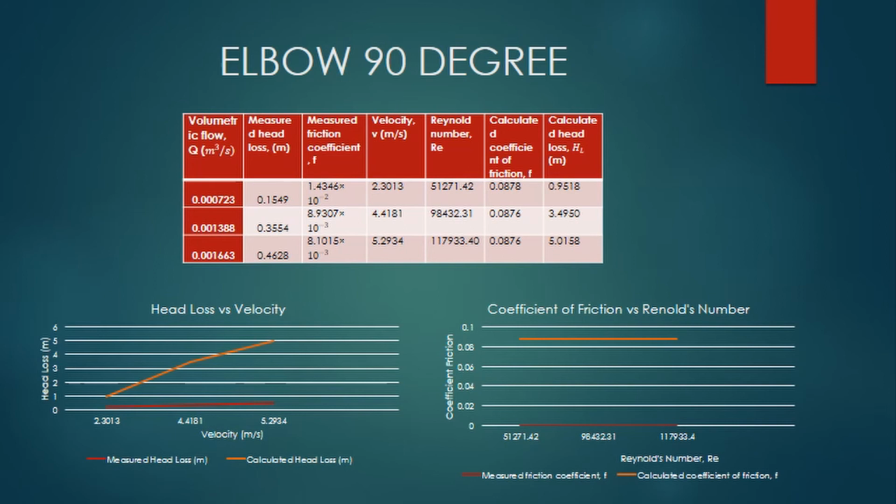So this is because of the maintenance and calibration of the apparatus. Thus, the increasing of velocity will decrease the value of friction coefficient as well as increase the value of head loss.